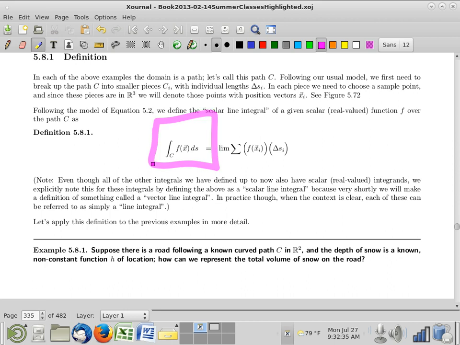So this is called a scalar line integral. For the moment, why we go to the trouble of calling this a scalar line integral is not particularly clear. Line integral you can kind of figure because we're doing an integral over a curve, which is not necessarily a line, by the way, so maybe they should call it a curve integral, but they call it a line integral. But why do we go to the trouble of mentioning that this is a scalar line integral?